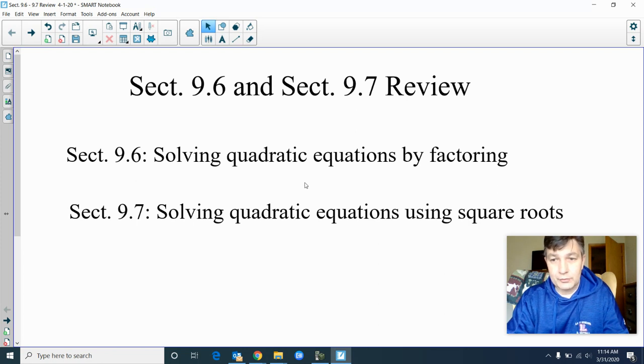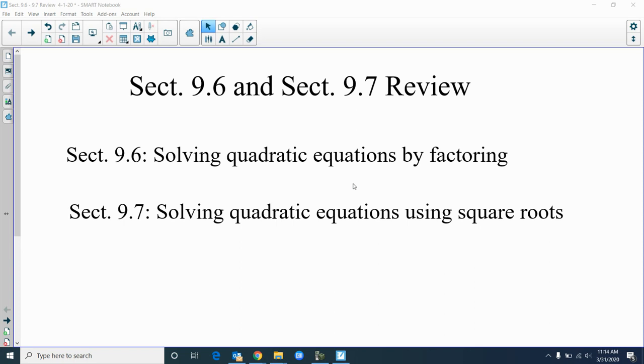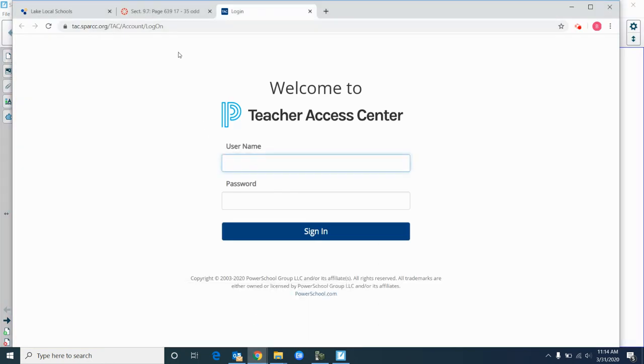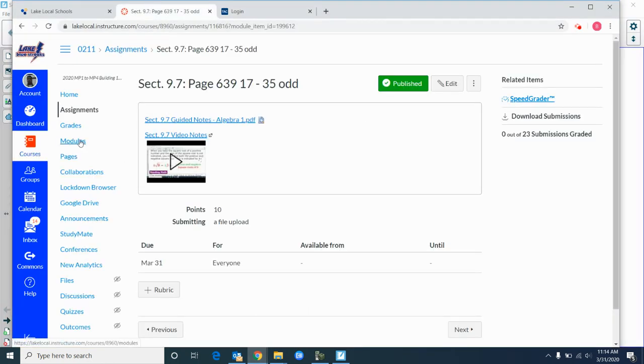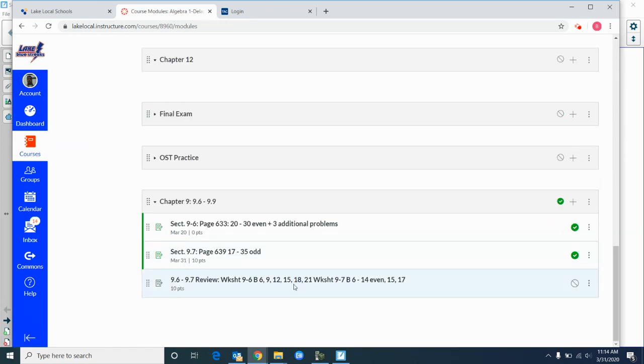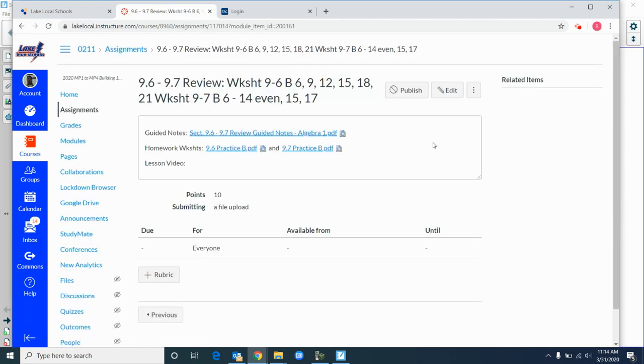I'm going to X myself out here, and then we're going to go through this. You do have guided notes. Let's see if we can get you there, see what they look like. Under Modules, it should say guided notes.